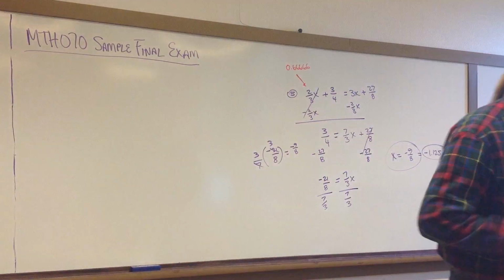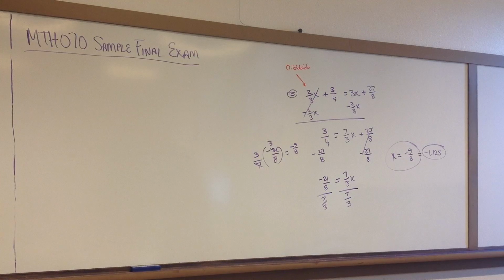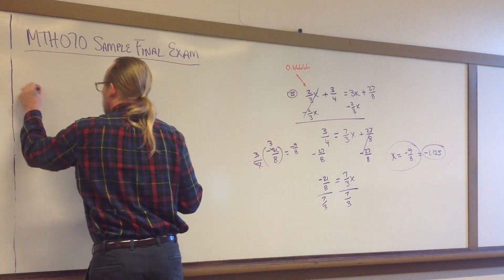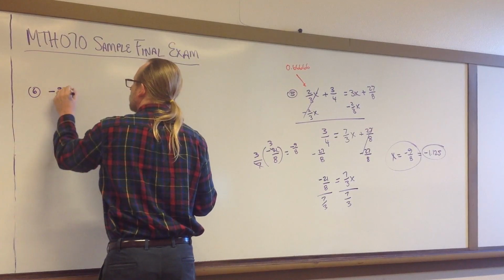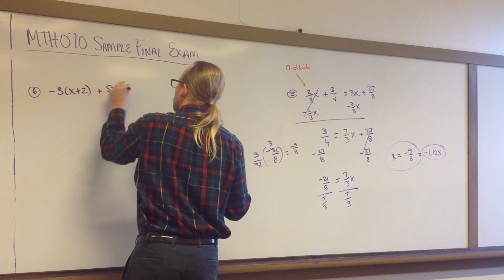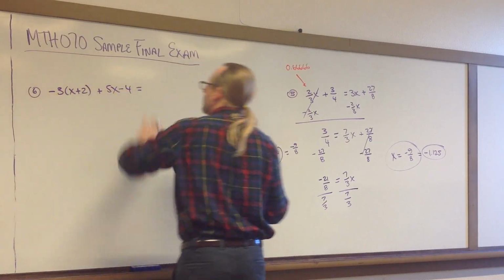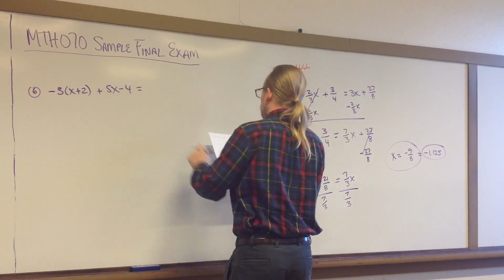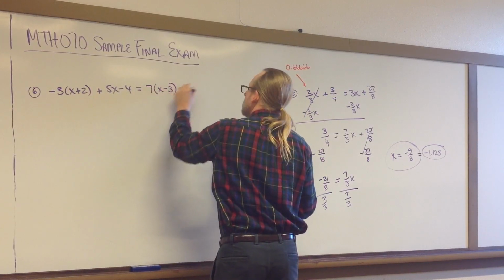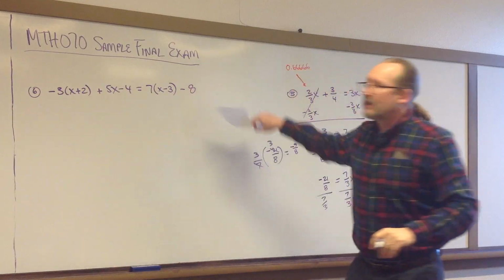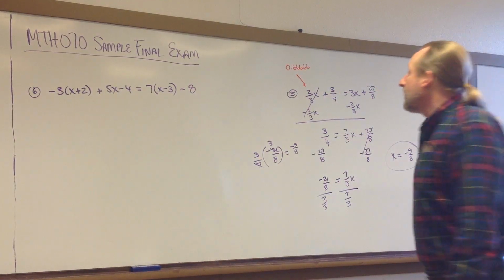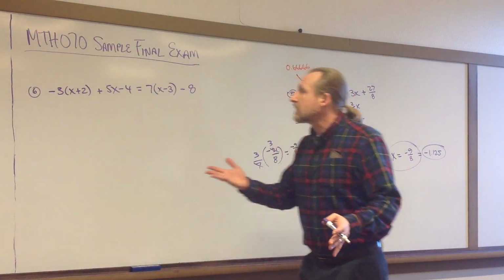Let's look at problem number 6. Okay, let's see here. Negative 3 times x plus 2 plus 5x minus 4 on one side equal to 7 times x minus 3 minus 8 on the other side. Okay, so let's simplify everything and then collect all our x's on one side.